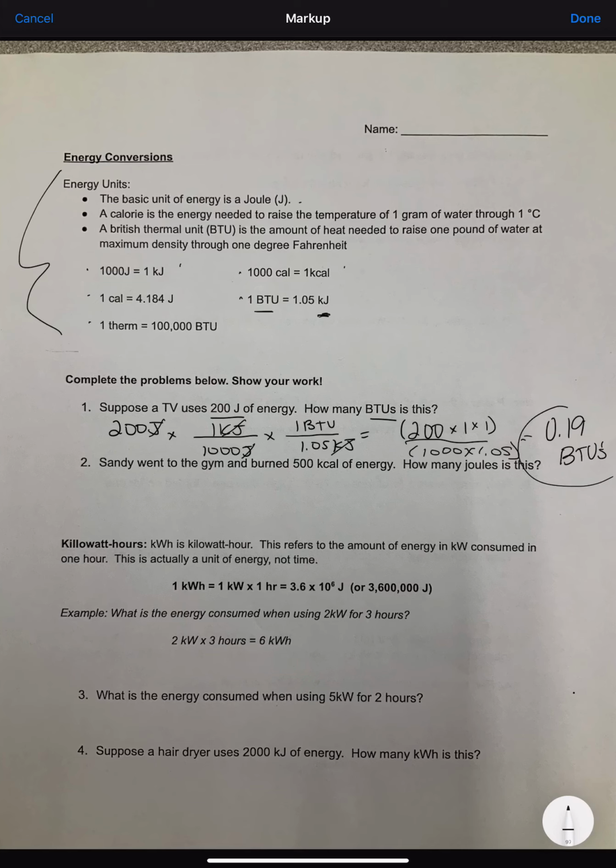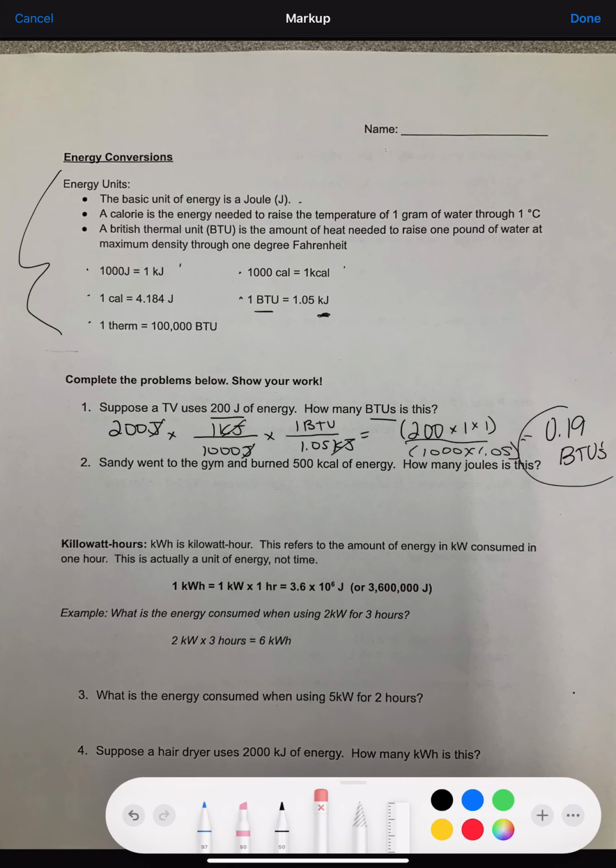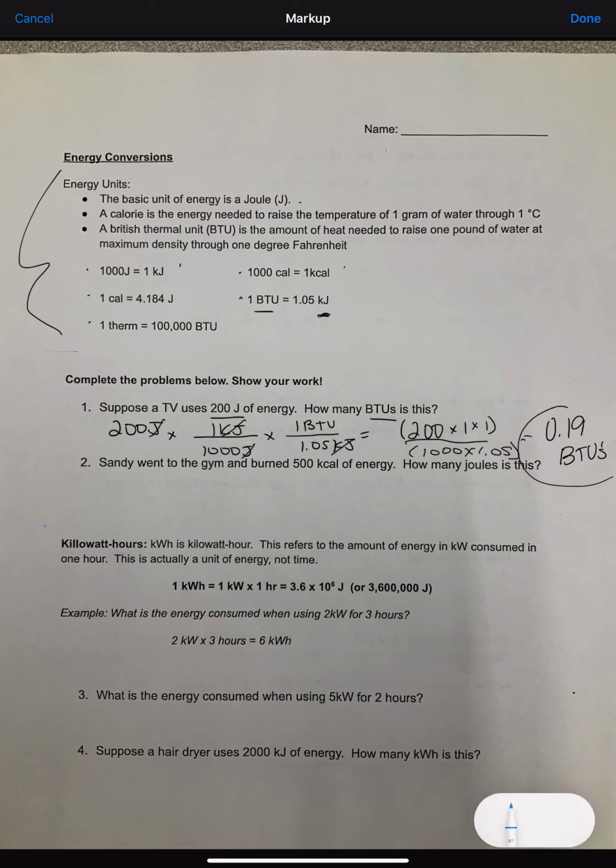All right, I'm going to change color just so it's easier to follow along. So next, we're going to go number 2. Sandy went to the gym and she burned 500 kilocalories of energy, and we're trying to get to joules. So we're going to start out with 500 kilocalories. And to get from kilocalories to joules, we have to go to calories.